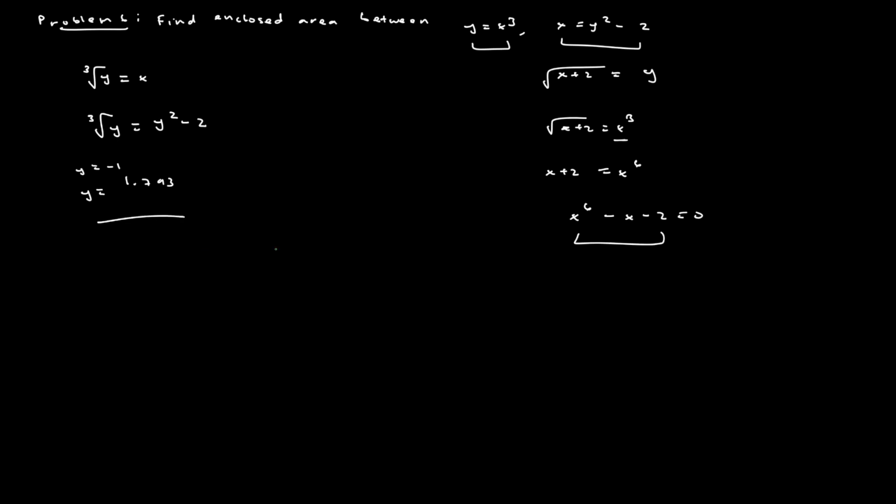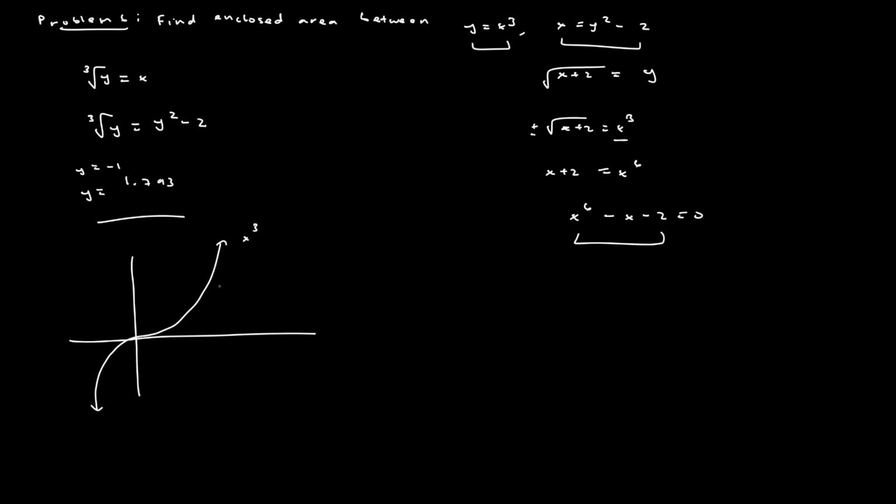Let's graph out what these functions look like. So x cubed looks like this, and then we know that y squared minus 2, because this is y squared minus 2, is actually x equals plus or minus square root of x plus 2.